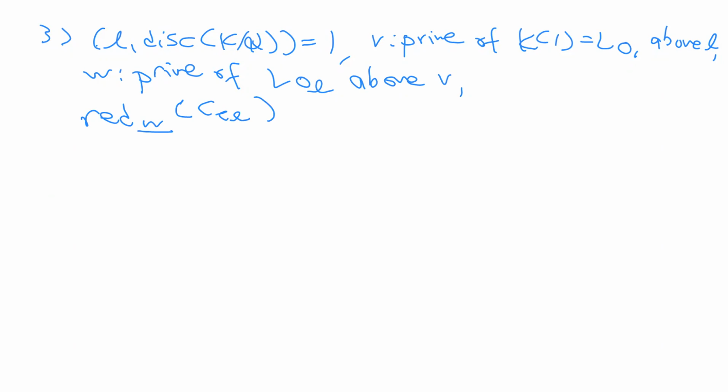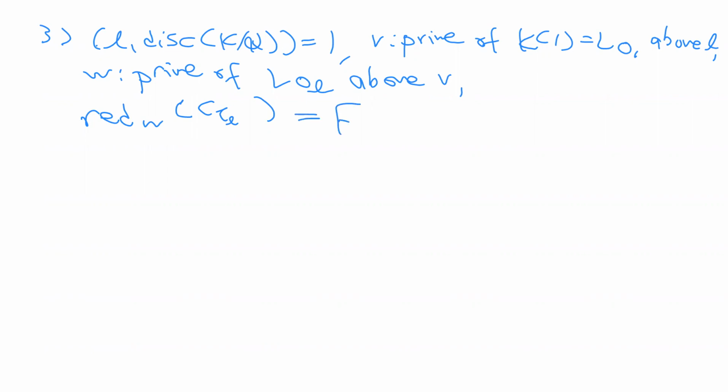So this is a Heegner point of conductor L, and we can reduce it mod w.